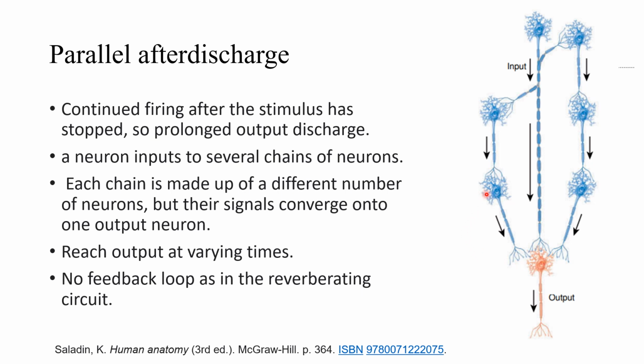Each one of these chains will take a different time, so the signal will be reaching at varying times. And you can see here the arrows are in the same direction. There is no feedback loop, so it's not what we call a reverberatory circuit.